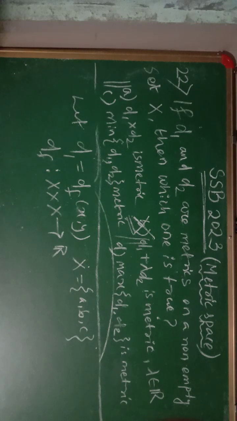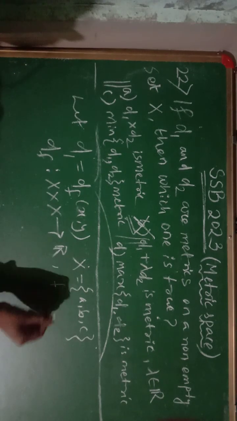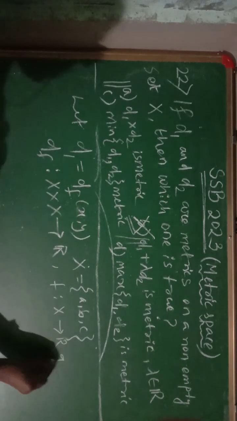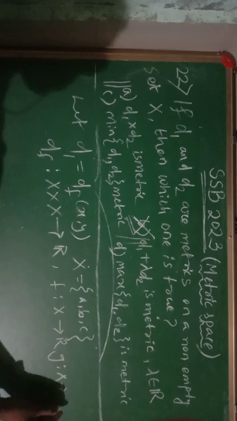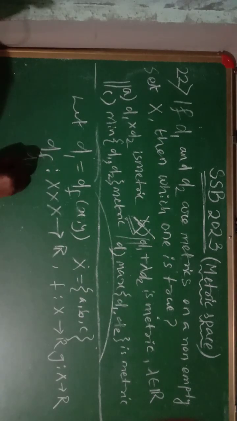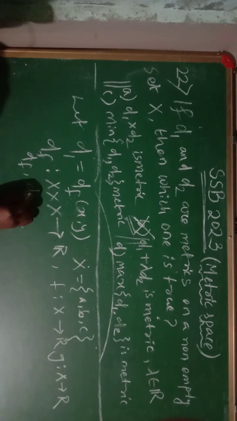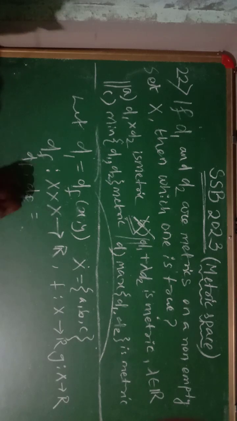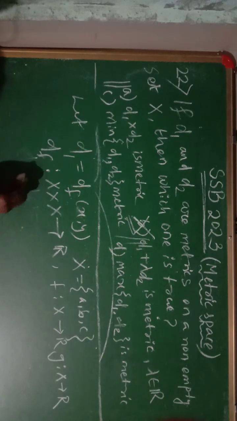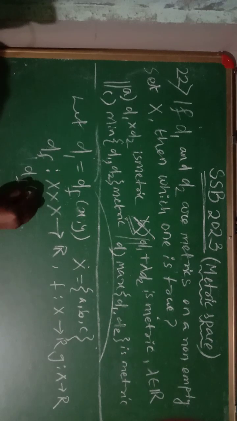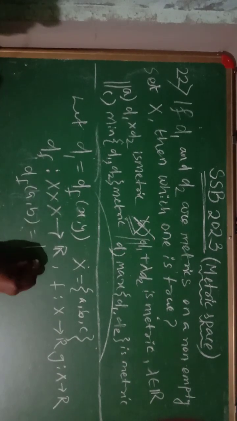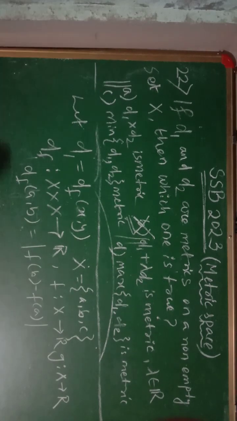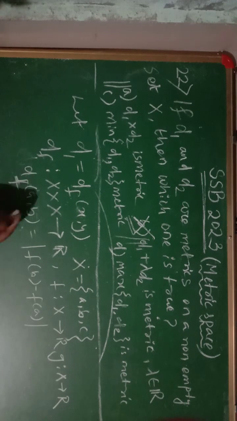Similarly, F is a mapping from X to R and G is also a mapping from X to R, and D1 is DF, D2 is DG. How do we define the metric DF? DF of A comma B, we can define this as equal to modulus of F of B minus F of A. Okay, we can define it in this manner.